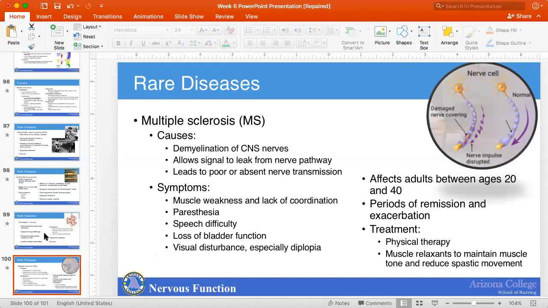Multiple sclerosis is caused by demyelination, so the covering of our neurons. Our nerve cells have this myelin around them. It's a demyelination of the CNS nerves, so occurring inside the brain itself. It allows signal to leak from the nerve pathway.